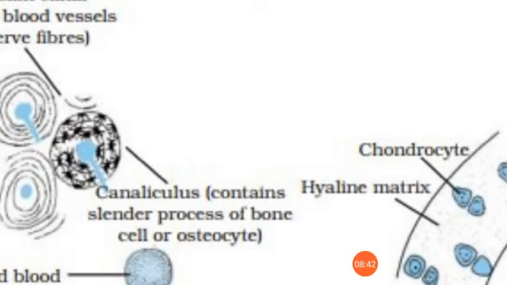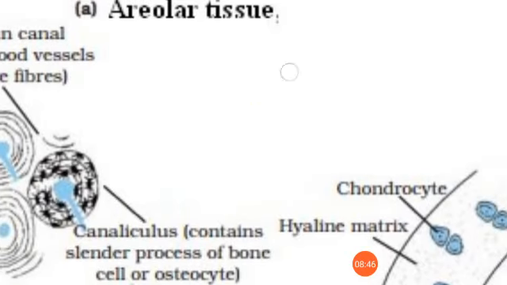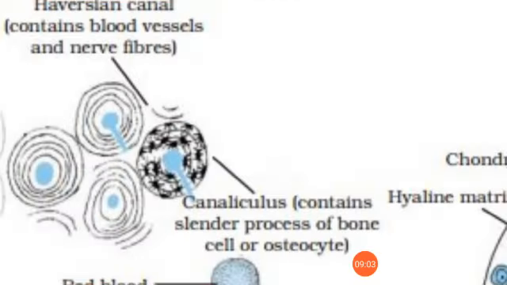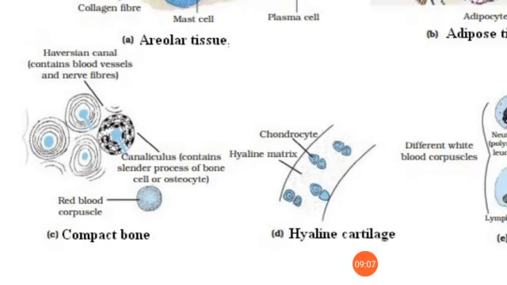Cells are arranged in what? Concentric rings, ring like. One by one you can see rings here. In the rings, what you can see? Some cavities, and in the cavity the cells. What are the cells of bones known as? Osteocytes.